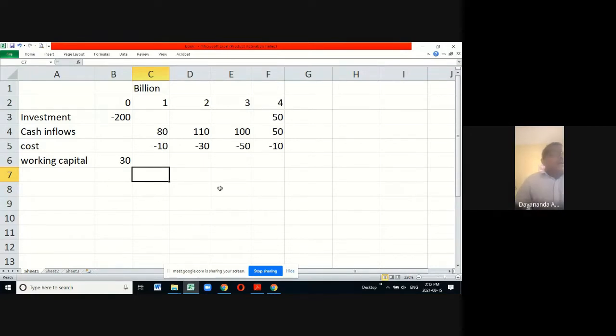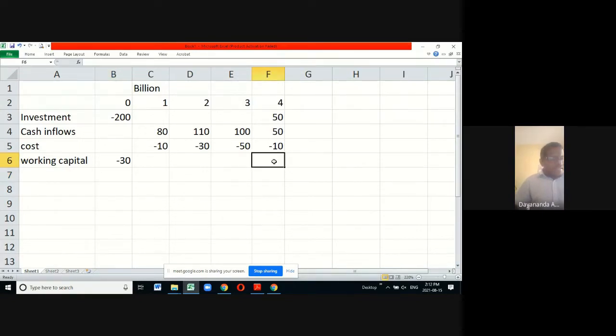Okay. Working capital 30, and here it is. When you increase working capital at the beginning, normally you will get it back. So thereby working capital investment is again minus. Now, in certain cases, you may get the working capital back when the project is over, as it is.